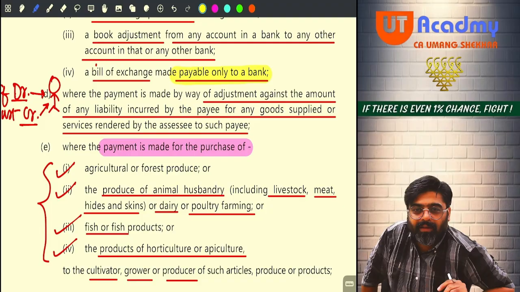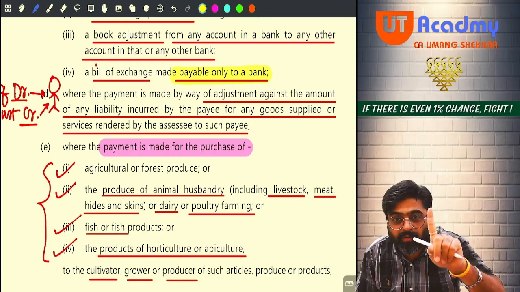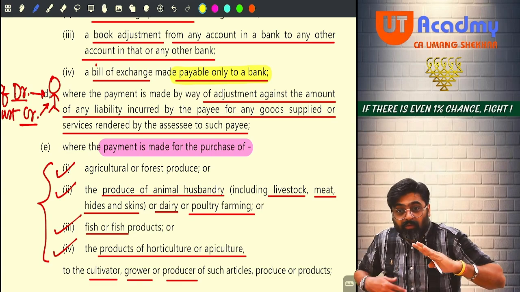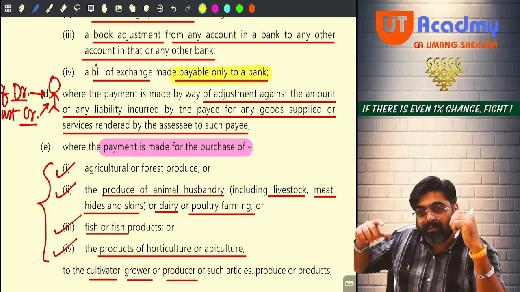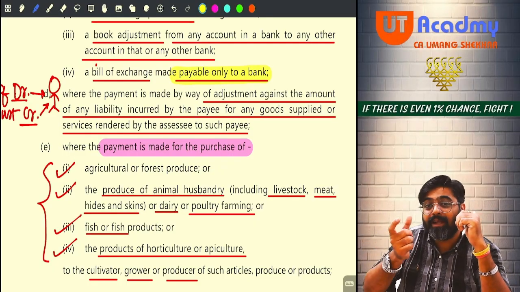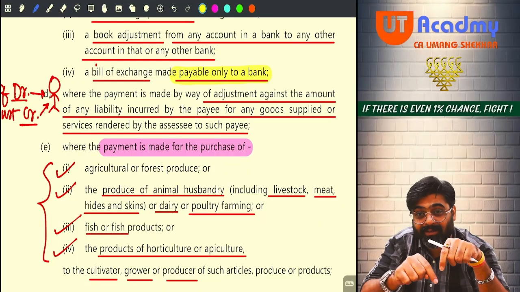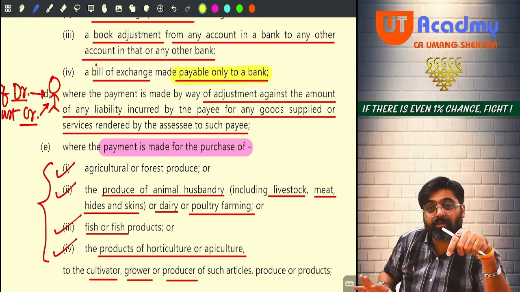Only 20. Meaning, for the expense which I have incurred, 1 lakh rupees, for which she is my creditor, have I already made the payment by adjusting 80,000 of debtors? This is book adjustment, a debtor to creditor adjustment in my books.